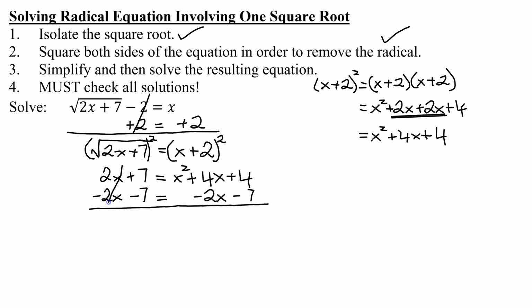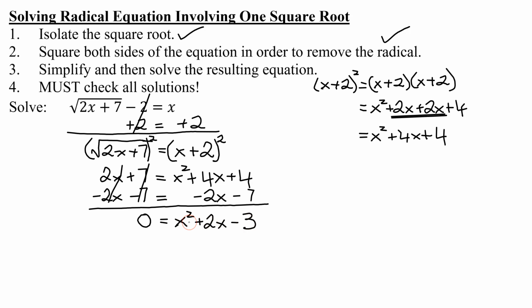So 2x minus 2x is 0, 7 minus 7 is 0, so I get my 0 on the left-hand side. And on the right-hand side, I have x squared. 4x minus 2x is plus 2x, and 4 minus 7 is negative 3. So now I have my quadratic equation written in standard form. That means 0 on one side, all terms on the other in descending order.